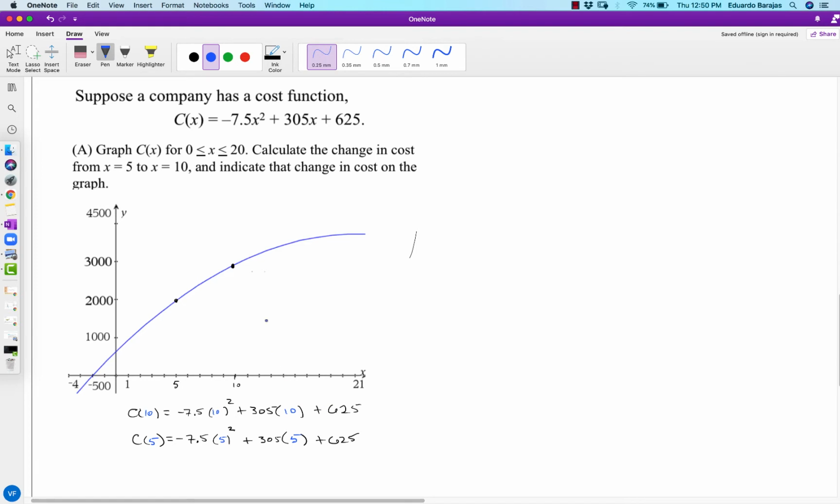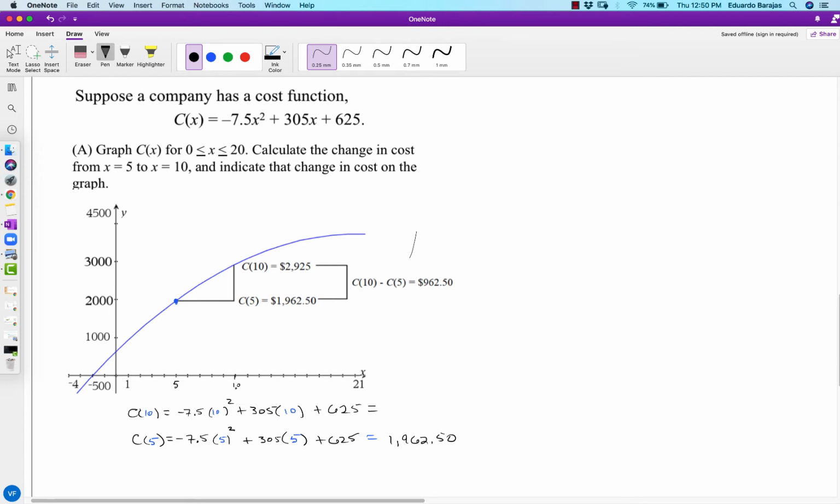Okay, and then on the graph, it would look like this. So C of 5 reaches up to here. It looks like it's going to be 1,000. So this calculation here leads to $1,962.50.